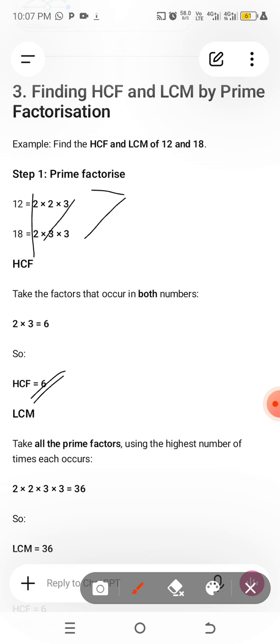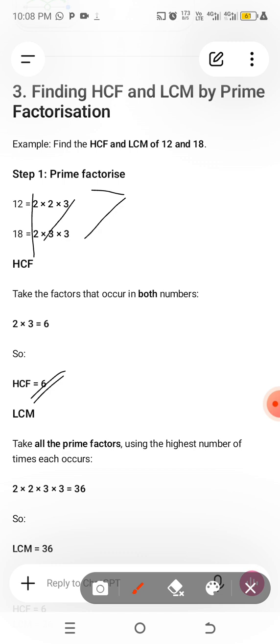Now, let's look at the LCM. In LCM, you take all the prime factors, using the highest number of times each of them occurs.